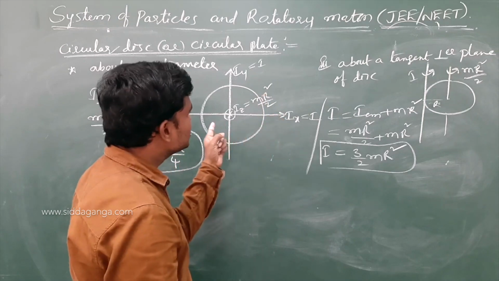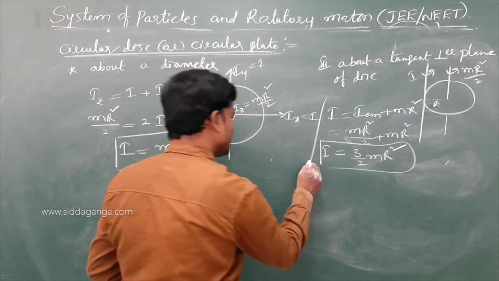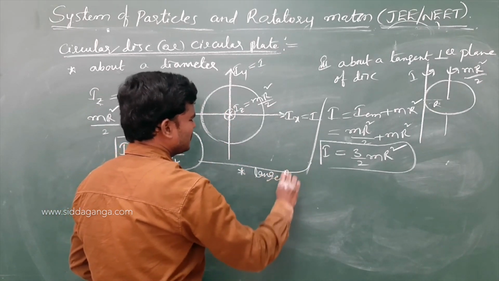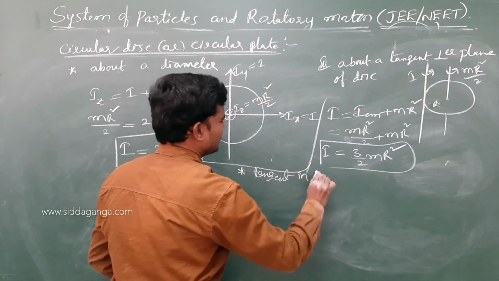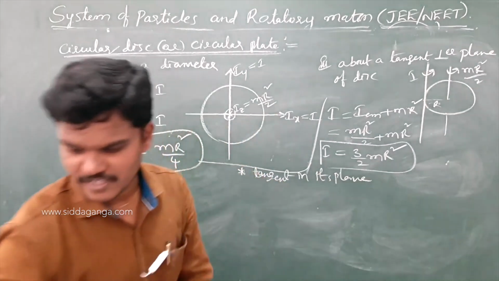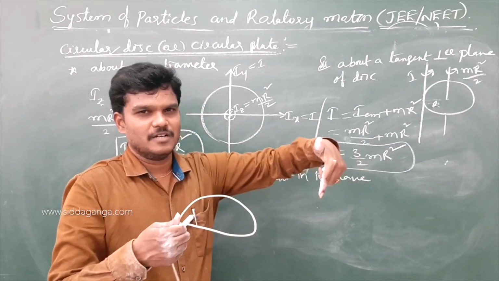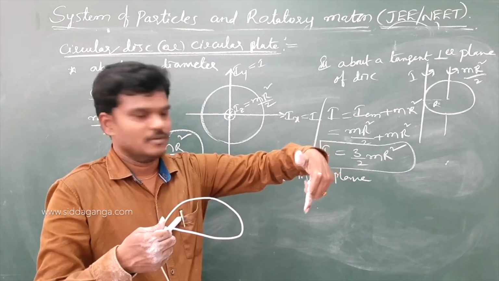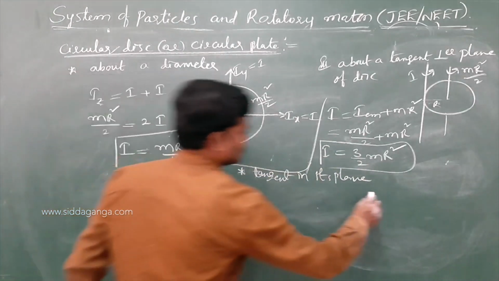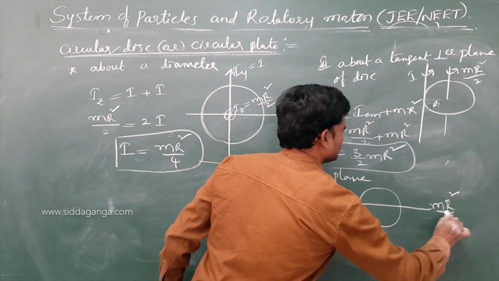Now draw the tangent for the diametrical line. So a tangent in its plane. Keep the words in mind: tangent in its plane. About the diameter, the moment of inertia is mr square by 4.